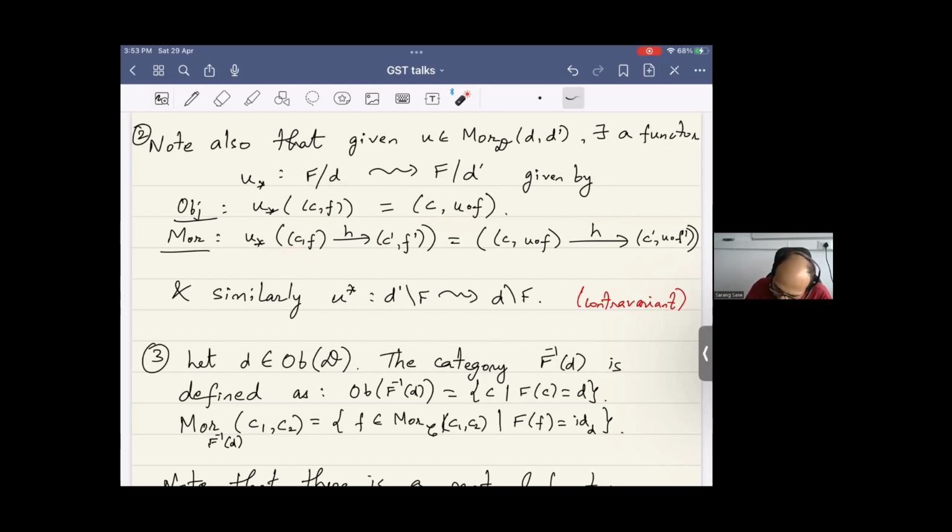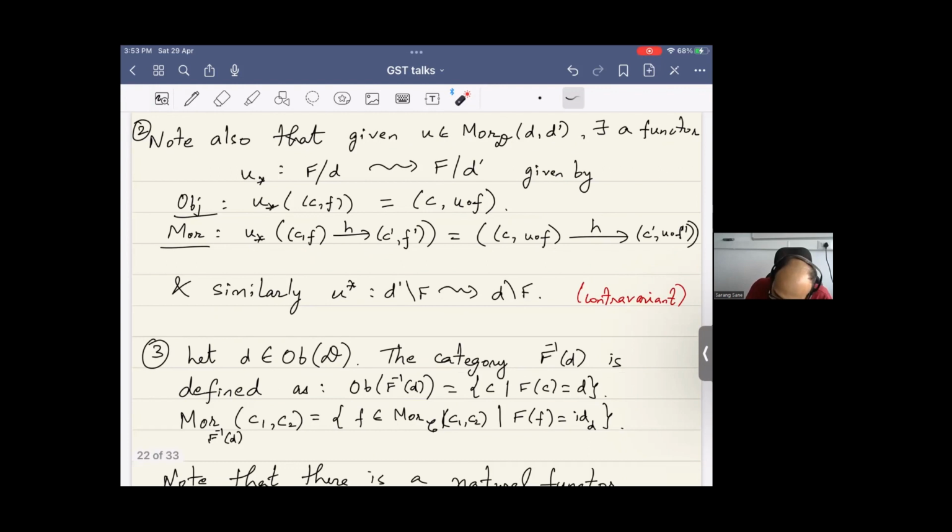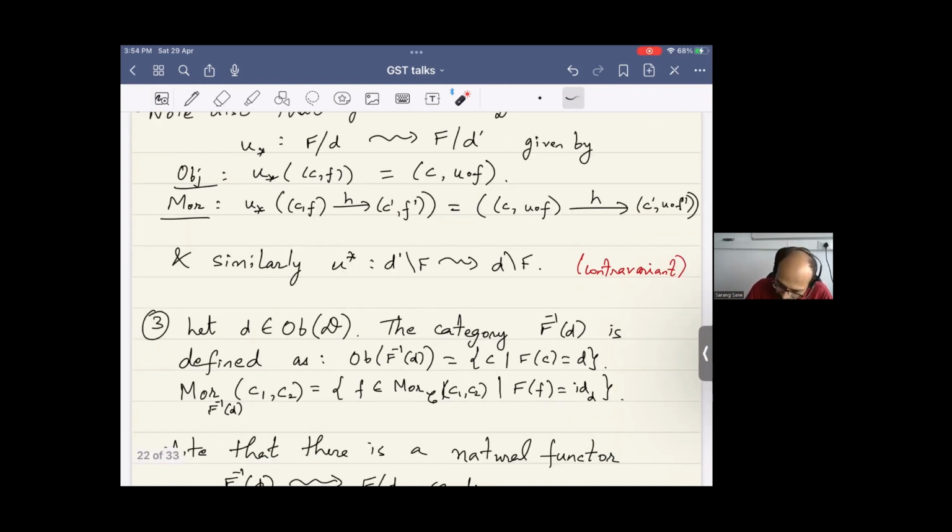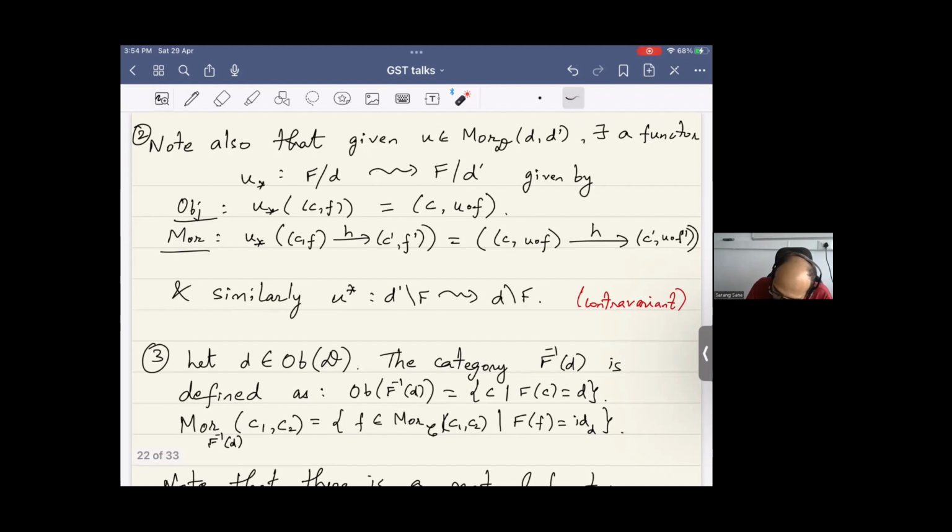Similarly, if you have D' and D, then you get a contravariant functor. It goes in the other direction. So if you have (F, C), then that will go to (F composed with u, C), and similarly for the morphisms. So there is some kind of functoriality here. The only thing is that morphisms are inducing functors. That you have to remember.